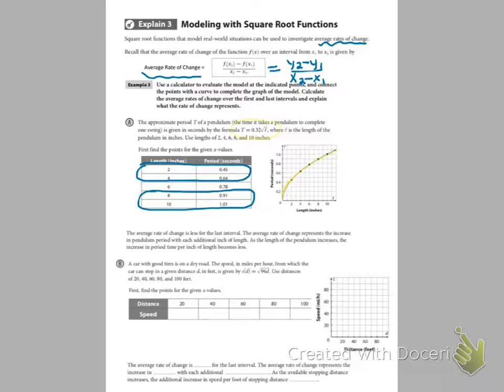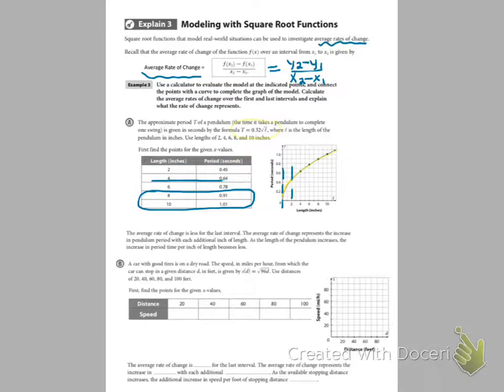At first the trend was quite steep over this interval right here, which is going to be the first interval that we look at. Actually, I guess I picked the wrong one, because that shouldn't have been this interval here. As far as the first interval, it should have been between 0 and 2.